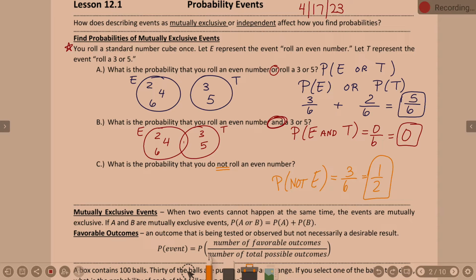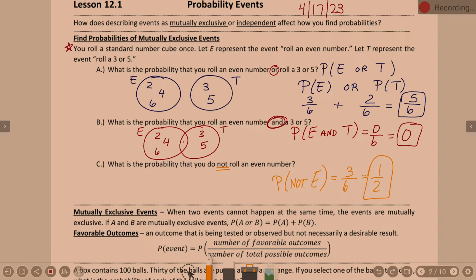Now, a vocabulary word I want to throw in, just to mention: favorable outcomes. When we talk about probability, probability has often been defined over the years as the number of favorable outcomes over the number of total possible outcomes. Well, favorable, what does that mean? An outcome that is being tested or observed, but not necessarily a desirable result.